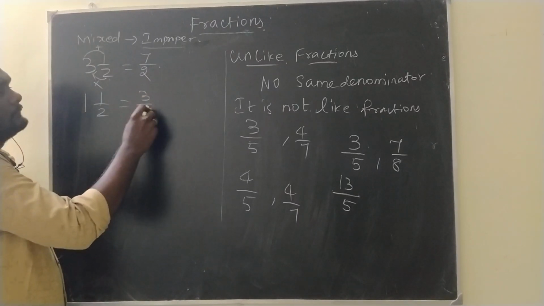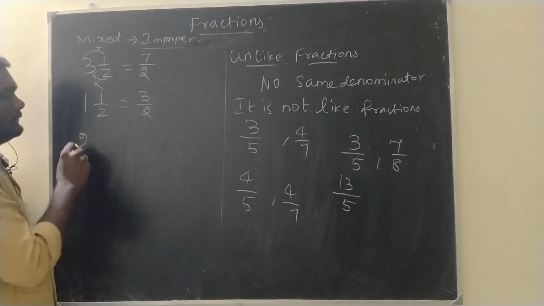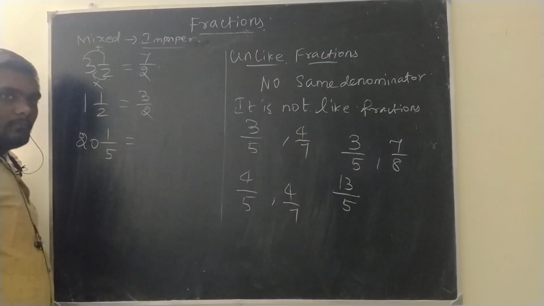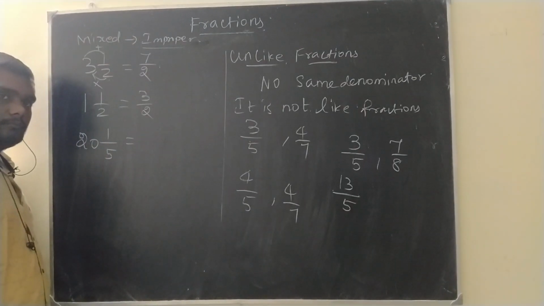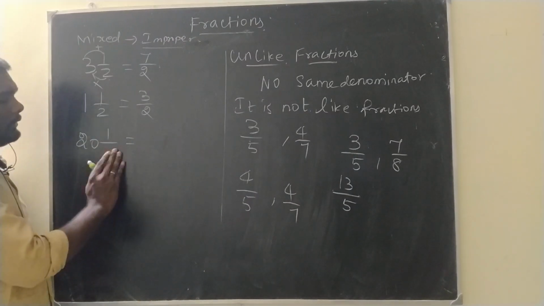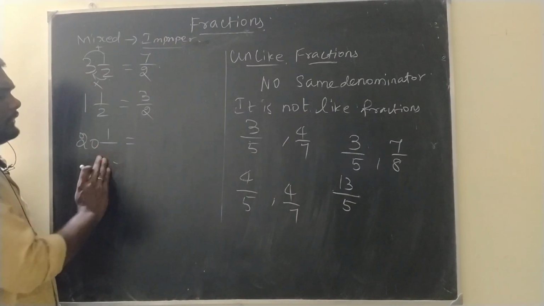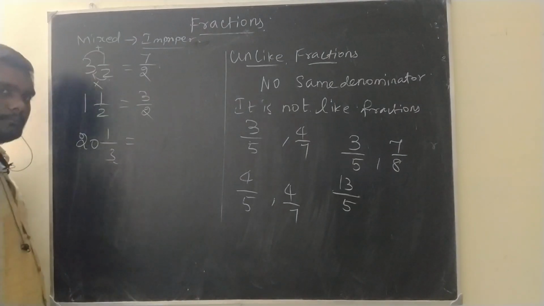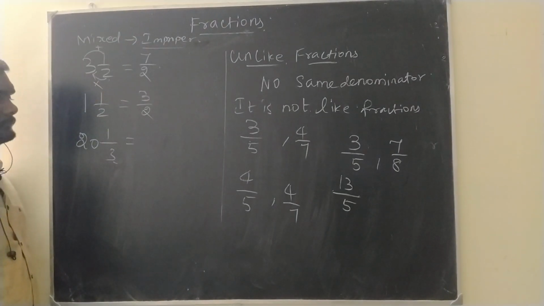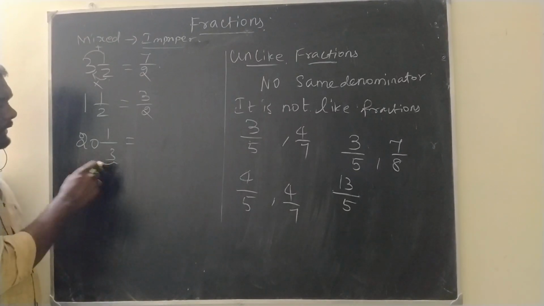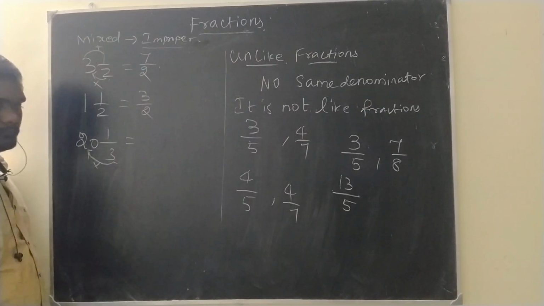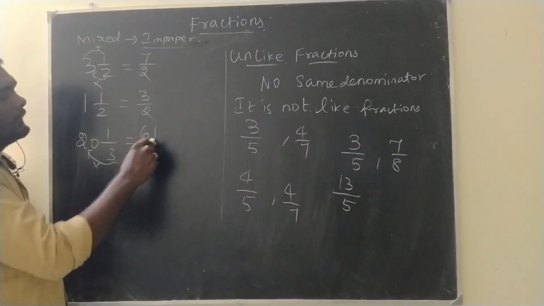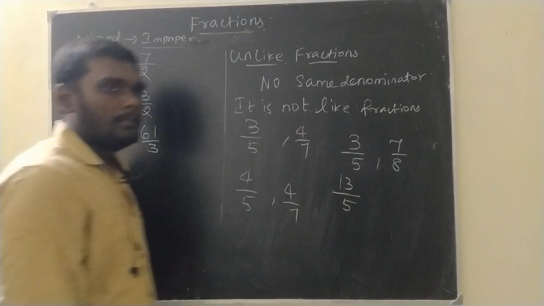Then 21 by 2, I will take, 3 and 1 by 2. 3 2s are 6, 6 plus 1, it is 7 by 2.